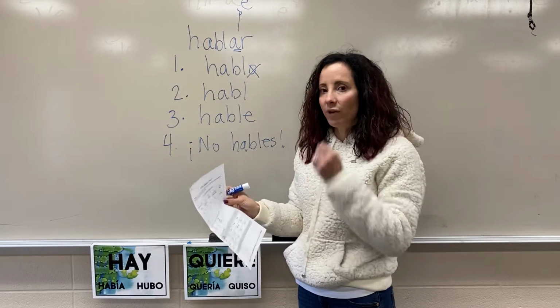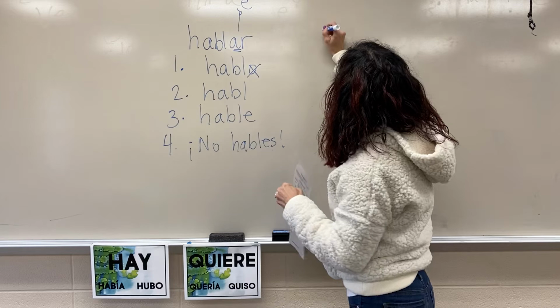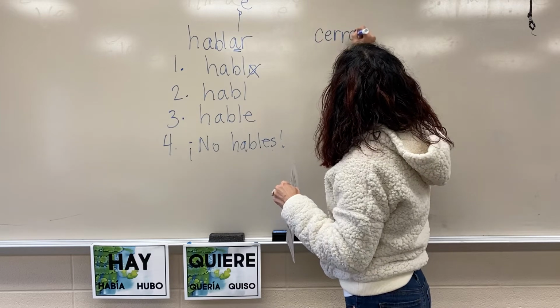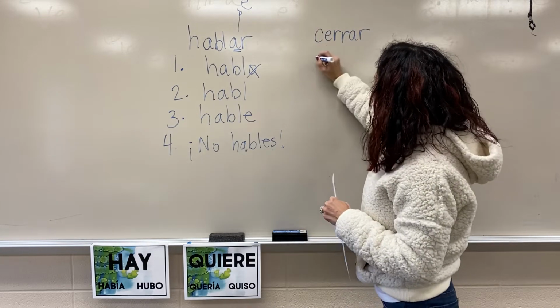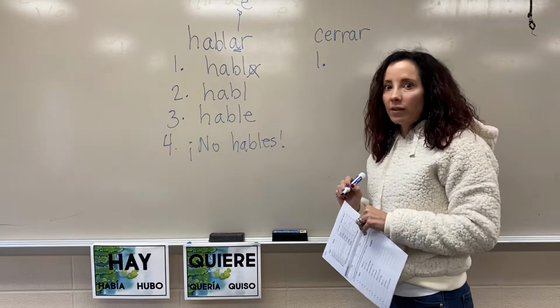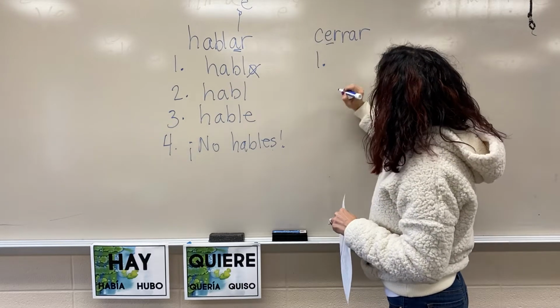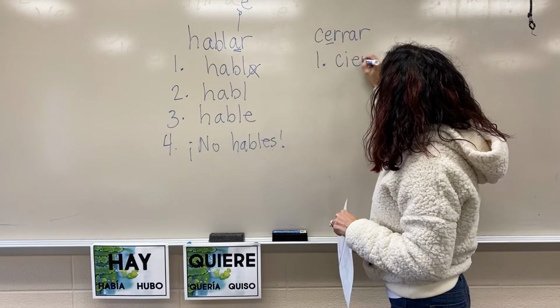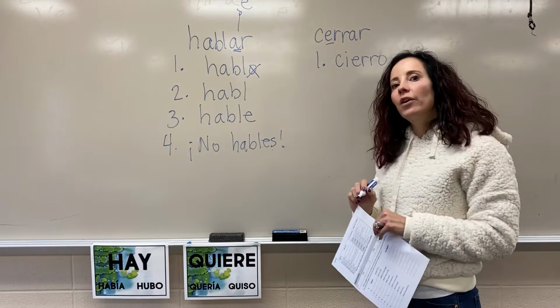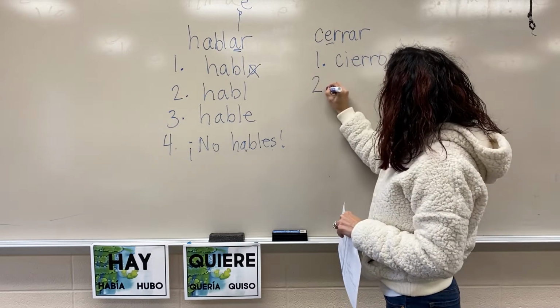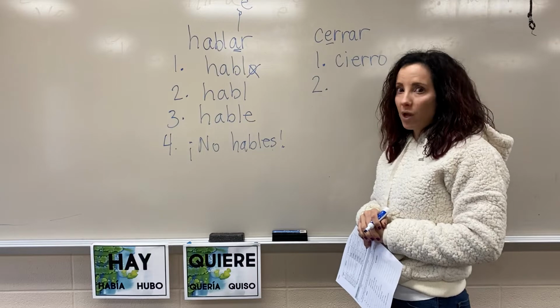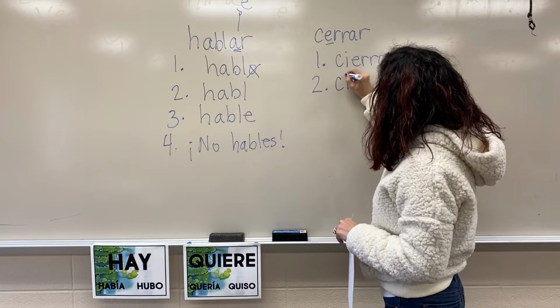This one is not done for you on the paper. Cerrar. To close. Remember, the present tense of this verb is a stem changer, E to IE. Cierro. Step 1, put it in the yo form. Step 2, drop the O. Cierr.